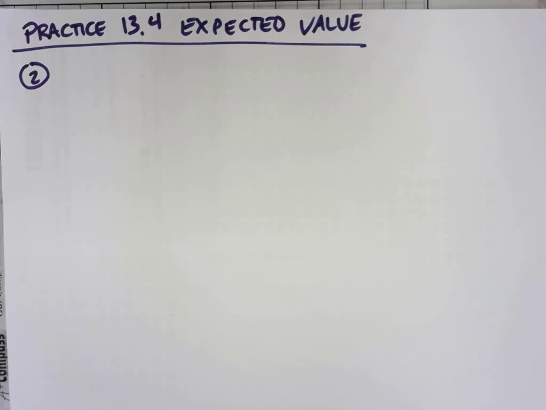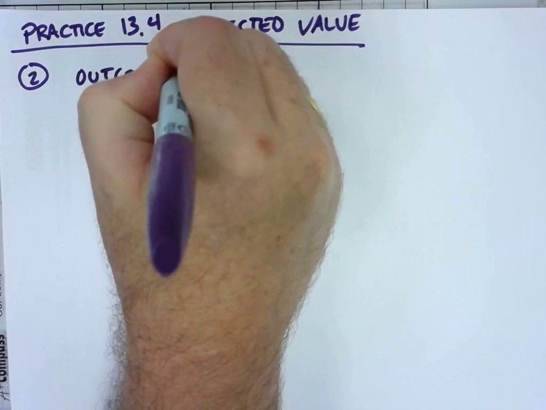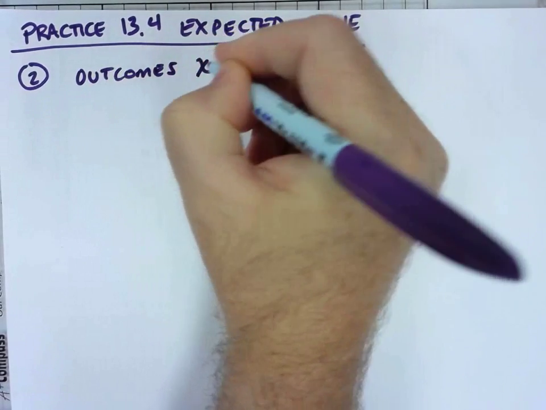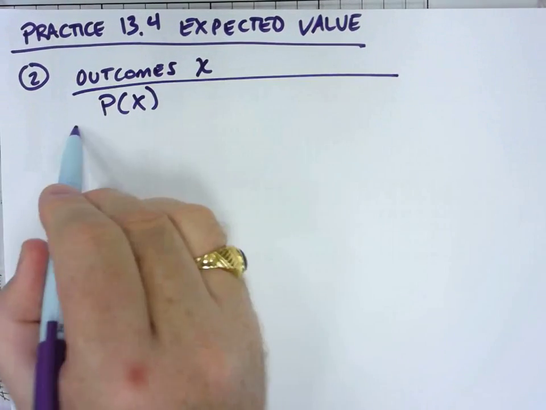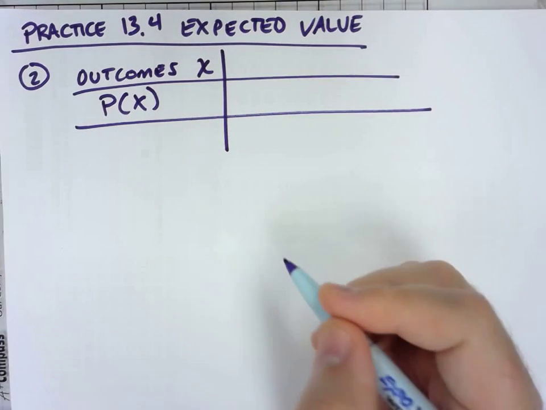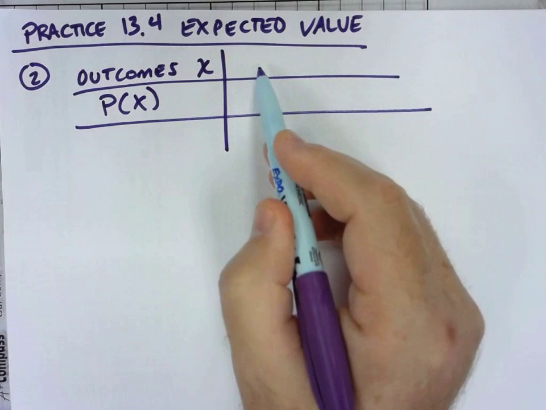Okay? So again, with the expected value, we said you're going to list your outcomes, and we'll call that X, and then we're listing the probabilities of X occurring. And the first outcome is that you would win dollars.